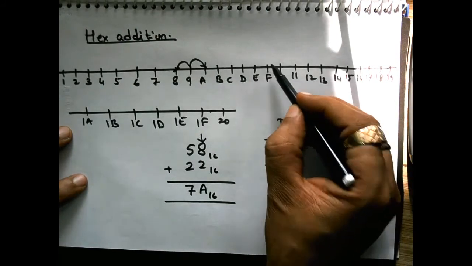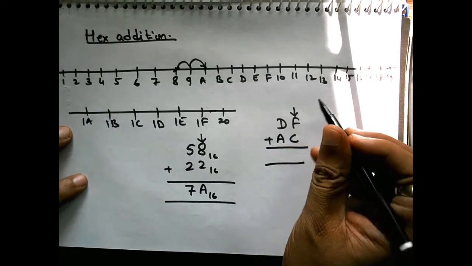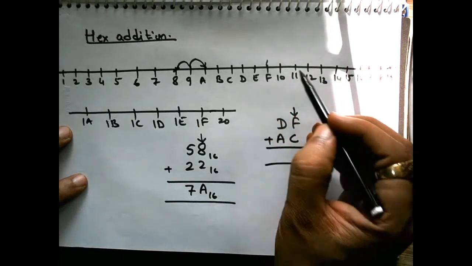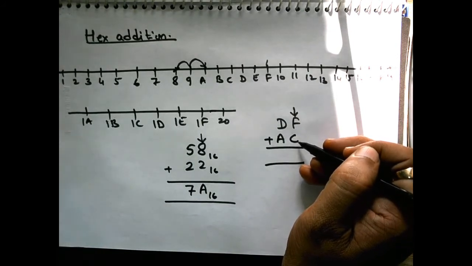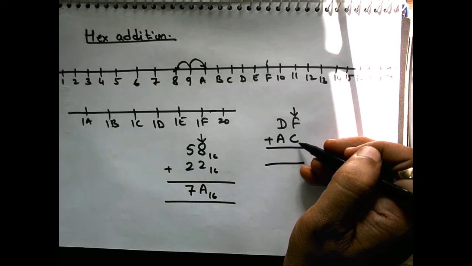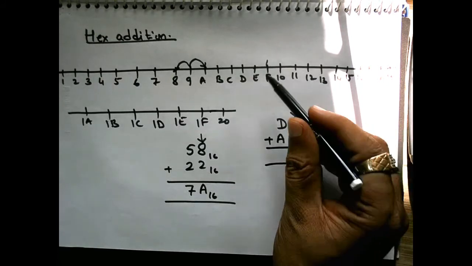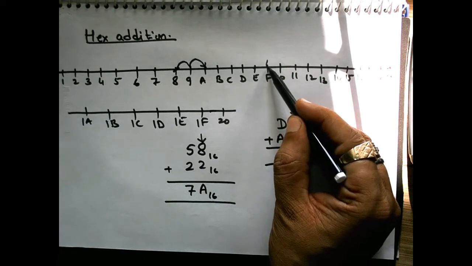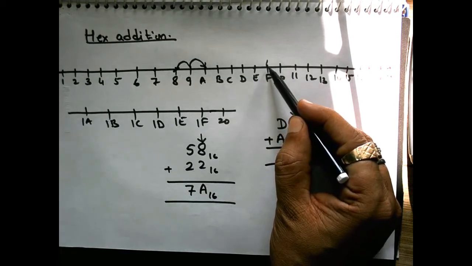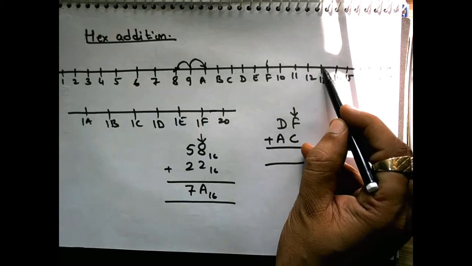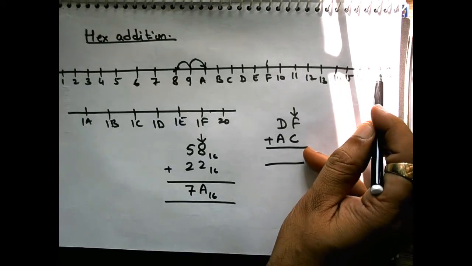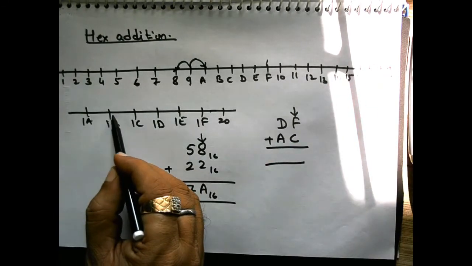So F, take the problem of addition of the first column, F means we are here at this position, and C, we have to add C. C means we have to move 12 steps to the right hand side. So starting from F, if we move 12 steps, you simply count where you will reach. So 1, 2, 3, 4, 5, 6, 7, 8, 9, 10, 11, 12.